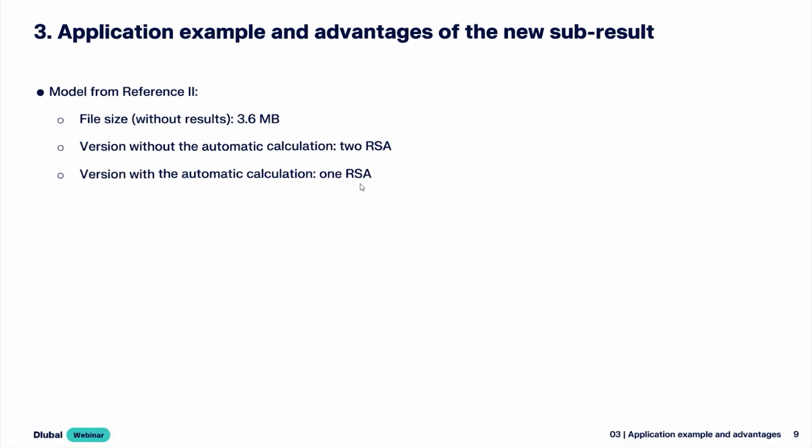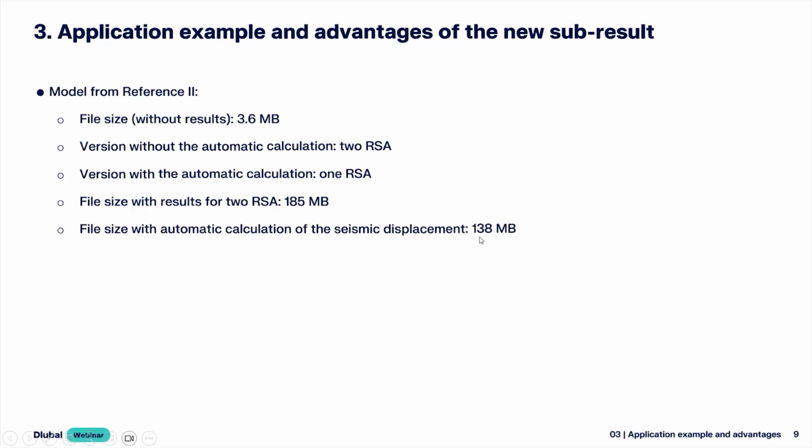So overall, of course, it's obvious we are going to have a smaller file size, but not exactly half. For the first, with 2 RSA, we have a file size of 180 megabytes, and then we come down to 140.